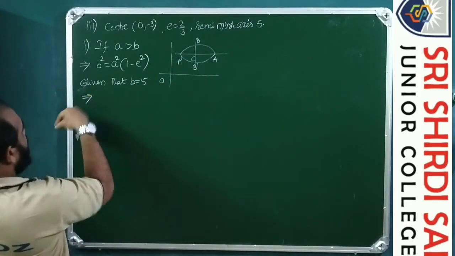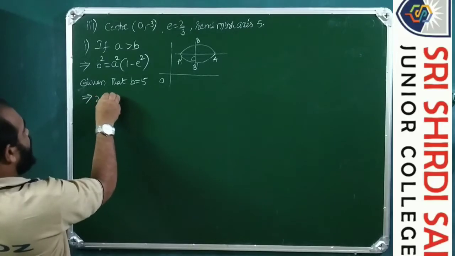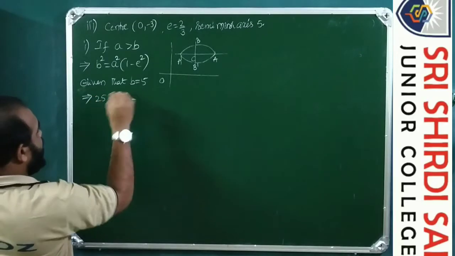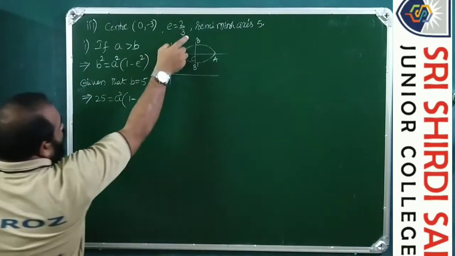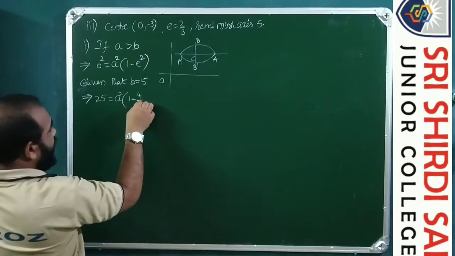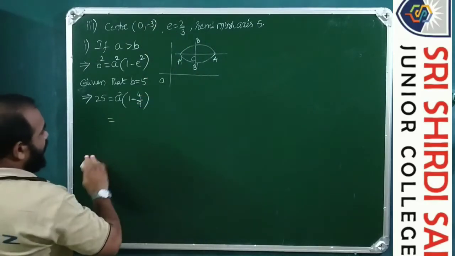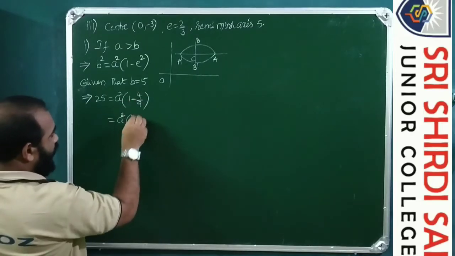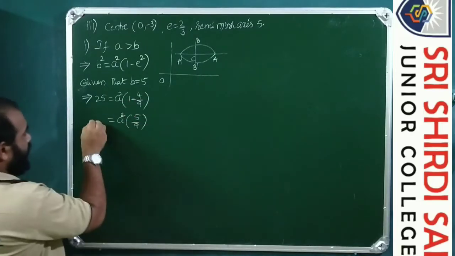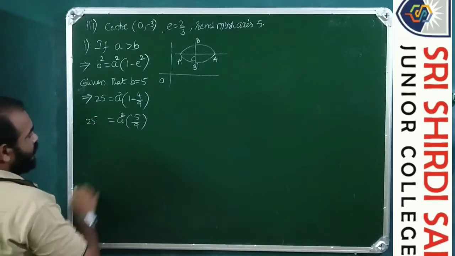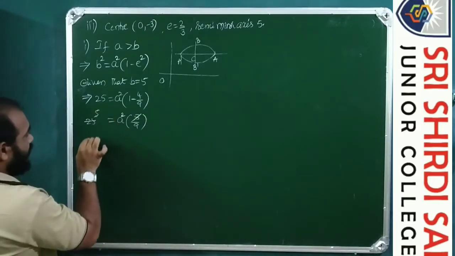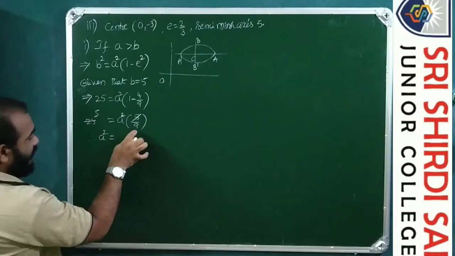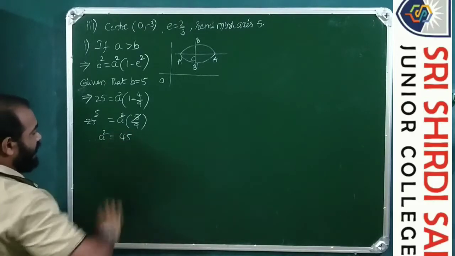Now B square is 25, equal to A square into (1 minus E square), where E is 2 by 3 and E square is 4 by 9. So this is equal to A square into (9 minus 4) by 9, that is 5 by 9, equals 25. So 5 fives are 25. Therefore A square is equal to 9 fives are 45.